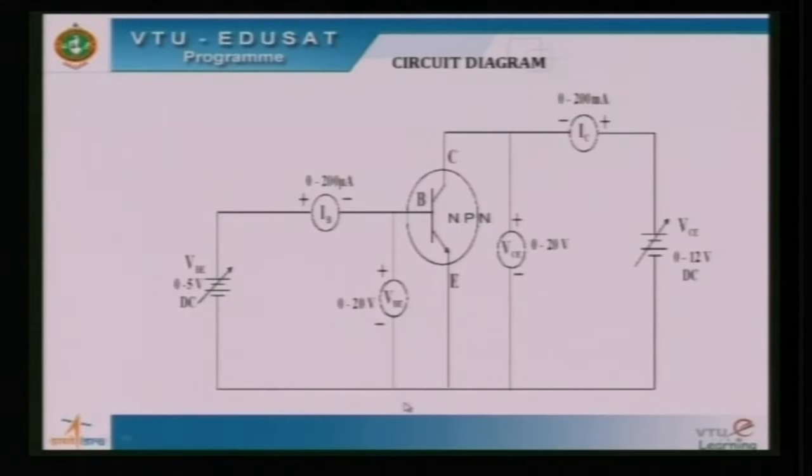Input voltage is recorded across base and emitter junction, and output voltage is measured across the collector and emitter junction through the voltmeters connected across. Let us study the input characteristic curves for the transistor.